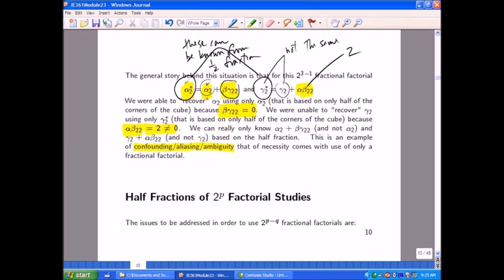What we're going to do now is to be a little bit more methodical about this and talk about what we can do when we're only going to do a fraction of a 2 to the p factorial. We're going to do that in sort of two pieces. We're going to begin by a careful discussion of what you can do with half fractions.